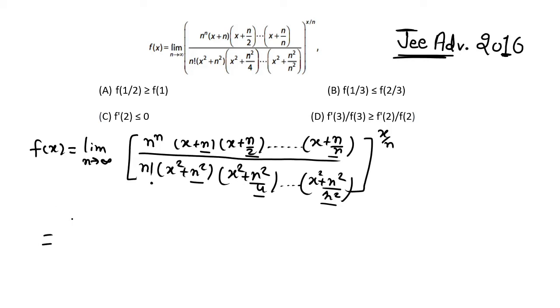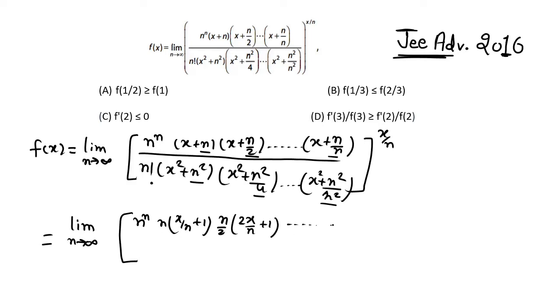So let's take the common limit as n tends to infinity: n raised to the power n, (nx/n + 1)(2x/n + 1) and so on, up to (nx/n + 1).